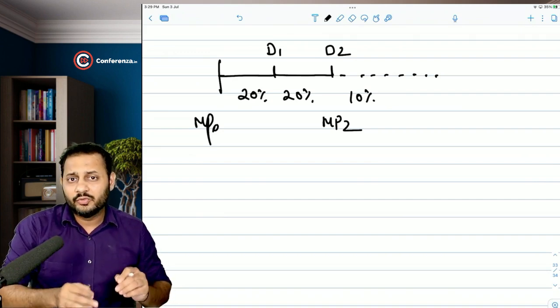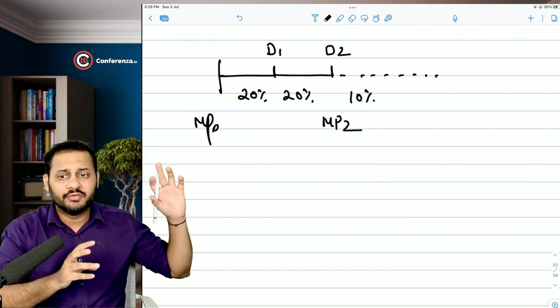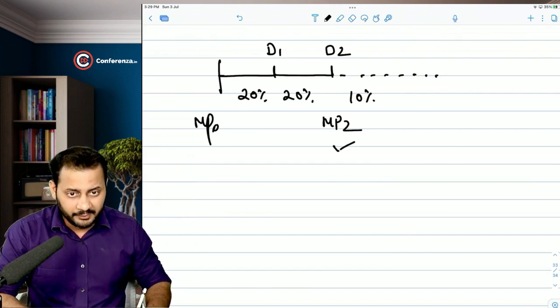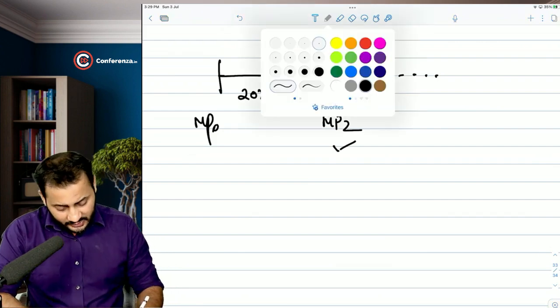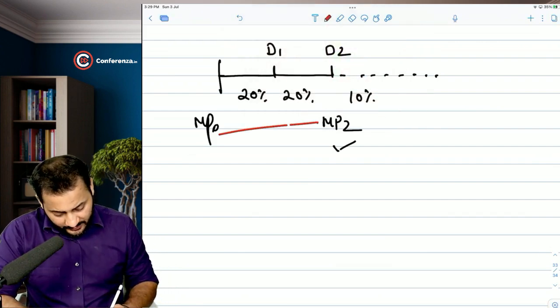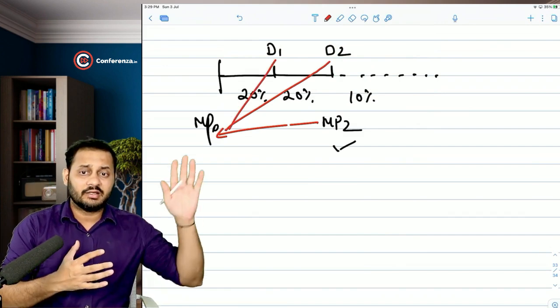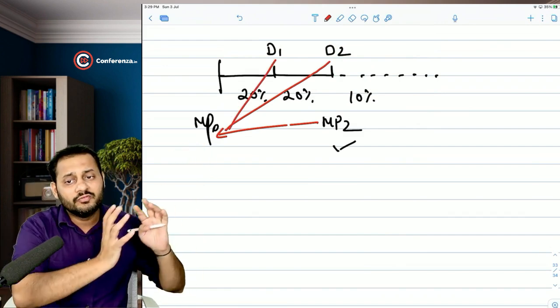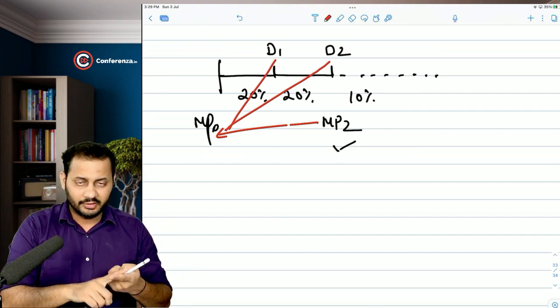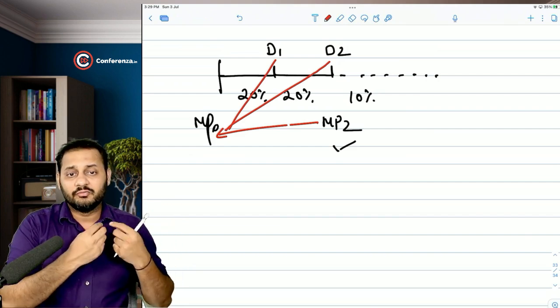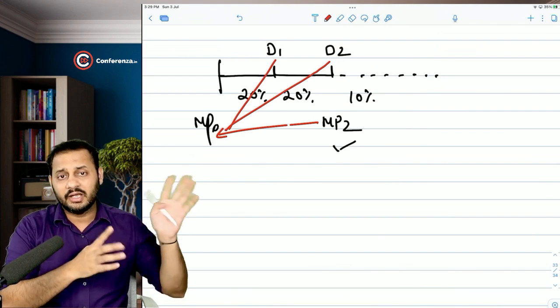What we can do is include all the future dividends from third year onwards in MP2 and then discount this MP2 to 0th time. And if we do this, MP0 includes all the future cash flows: D1, D2, and from D3 onwards, everything is in MP2.